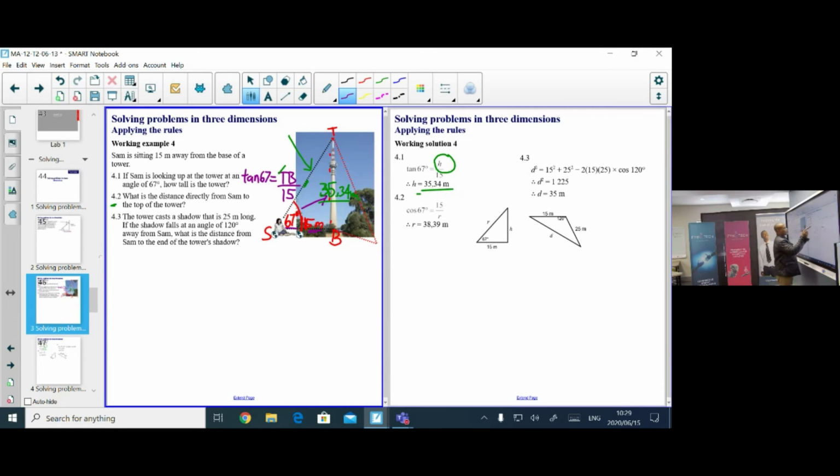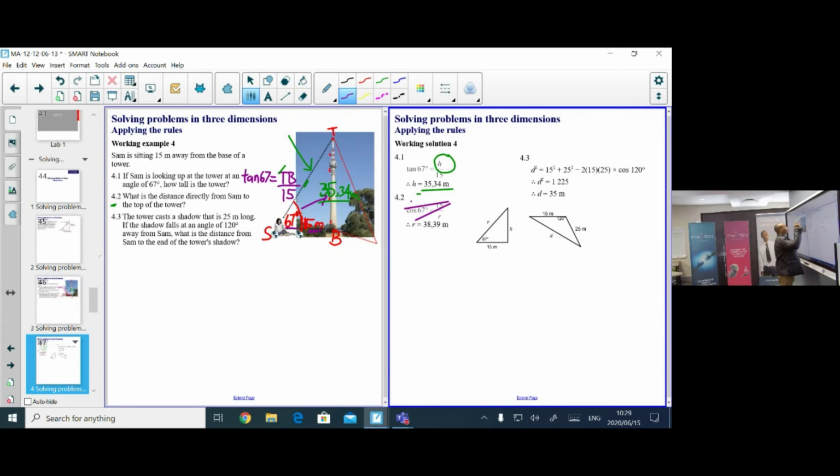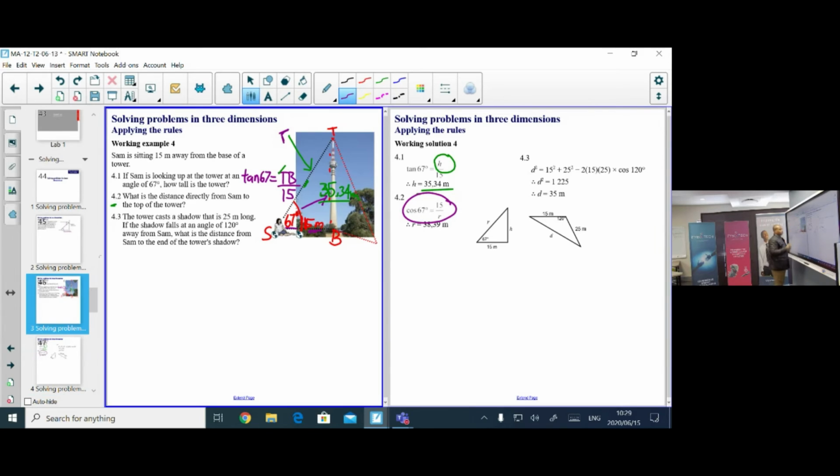So cos 67 is going to give you 15 over r. In this case, you can see that this was given a name r. As I said, you can name this arbitrarily, which means you can give names that you like.